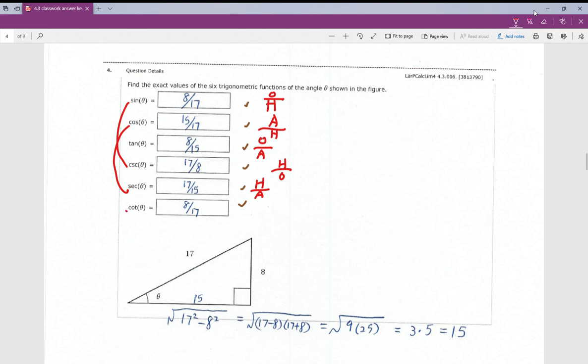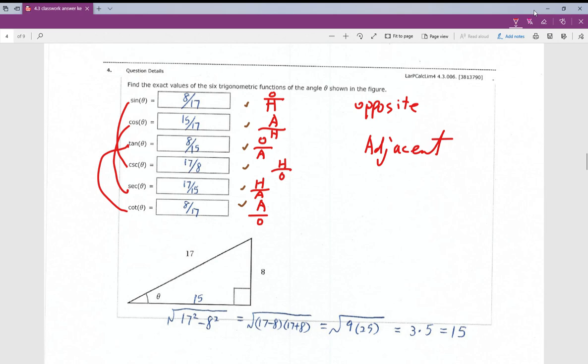And the cotangent is the reciprocal of tangent, so it's adjacent over opposite. O P P O S I T E and A D J A C E N T. Okay, these two.